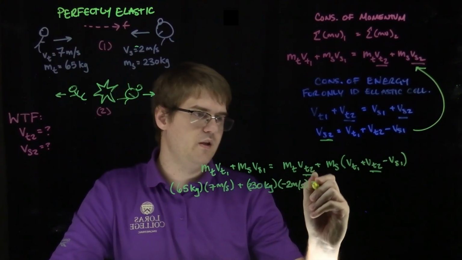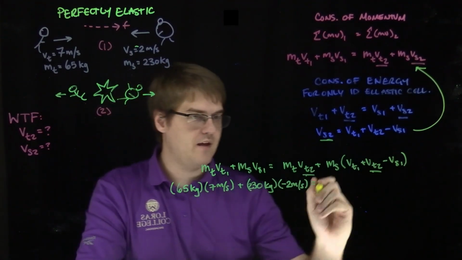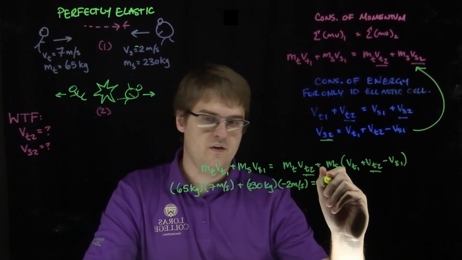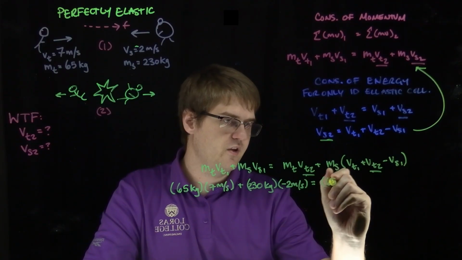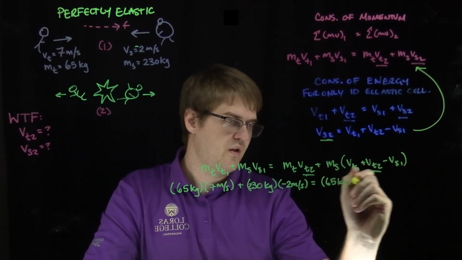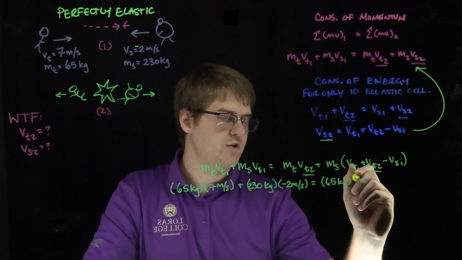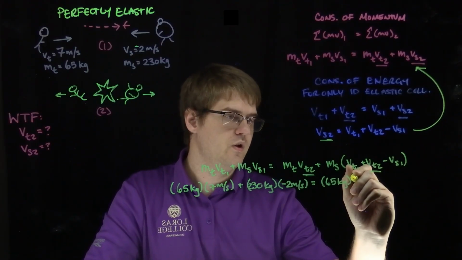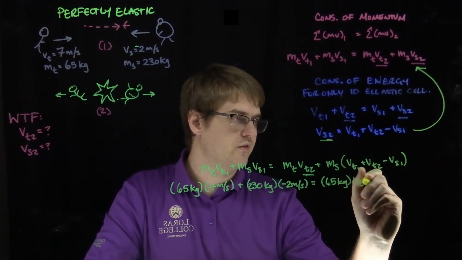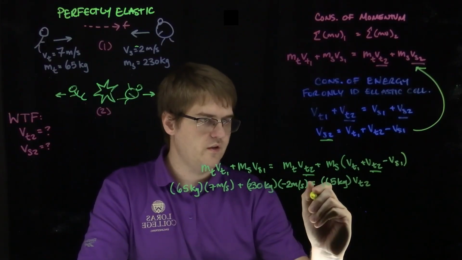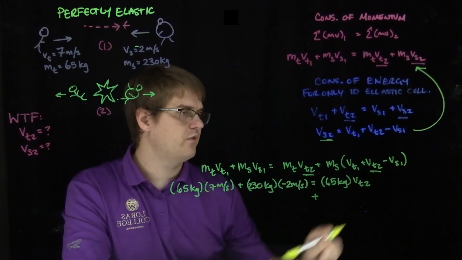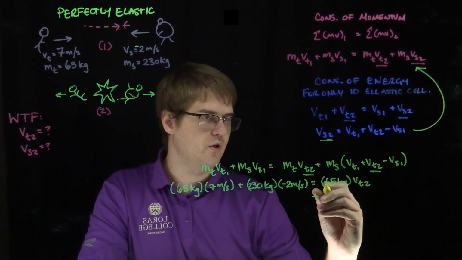That is going to be equal to the mass of my track star, which is 65 kilograms again, times the velocity of my track star at time 2, which is what I'm trying to solve for, plus, I'm not going to have enough space to write that out, so I'm going to put this whole line below here.